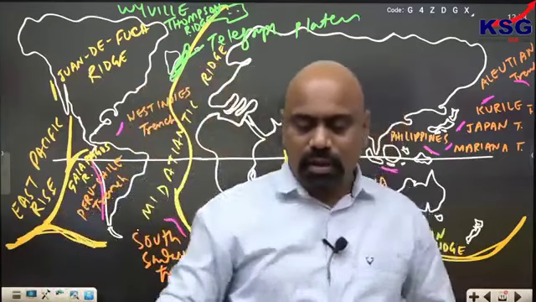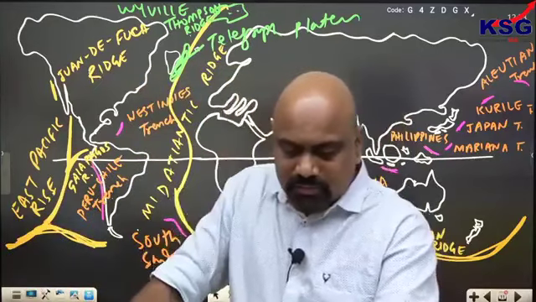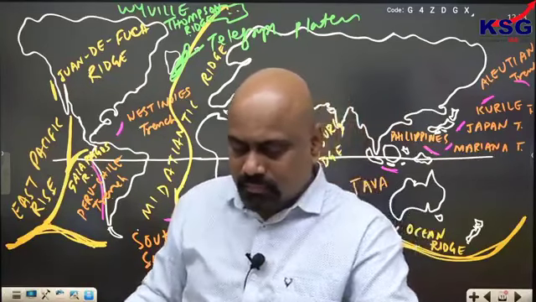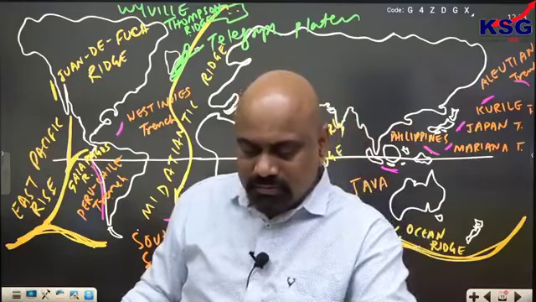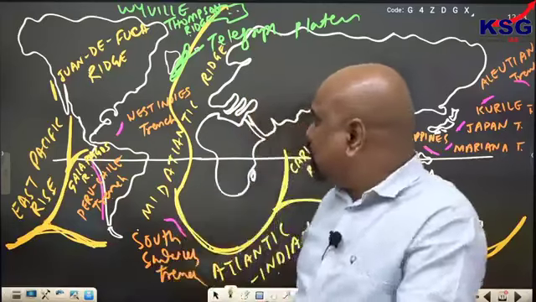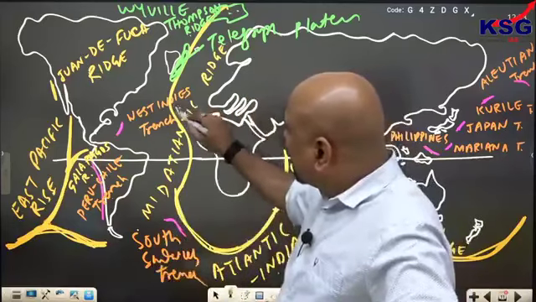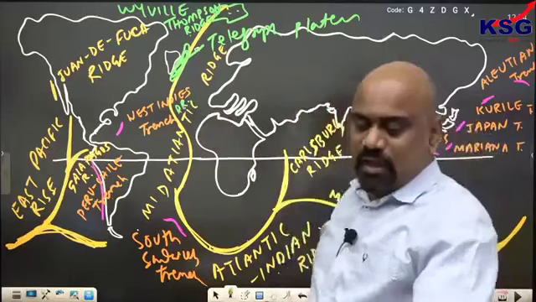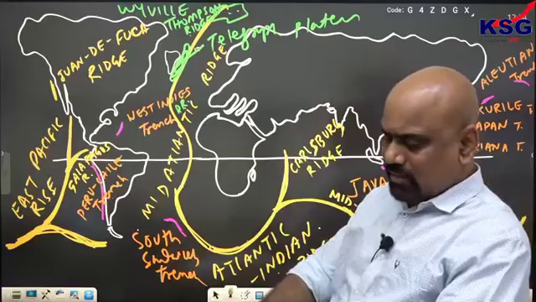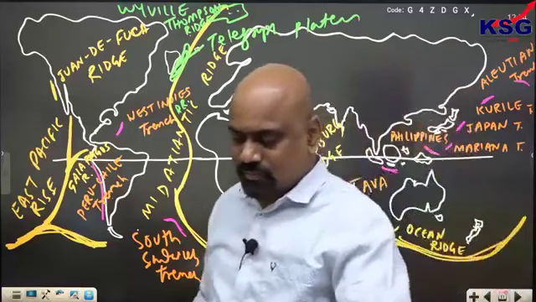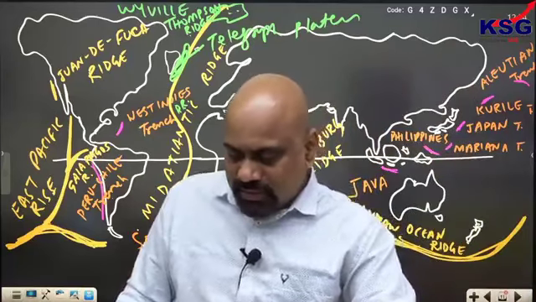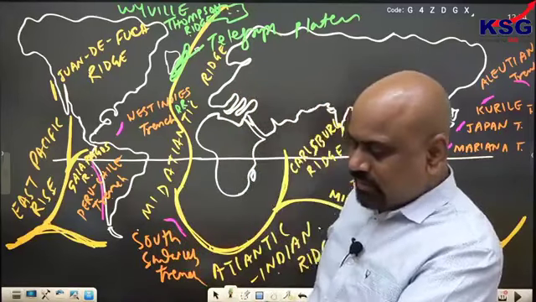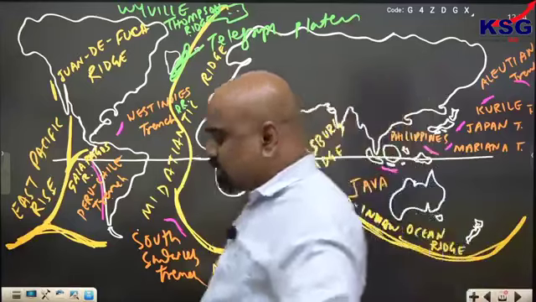Both, as you know, you have asked again. Dolphin Rise is in between. Dolphin Rise will be here. This is the Dolphin Rise. I write DR. Dolphin Rise is here. This is called the Dolphin Rise. You wrote Dolphin Rise and what else? Challenger Rise. Dolphin Rise is here, which is dividing this. On the Challenger Rise side, yes, it is dividing this.